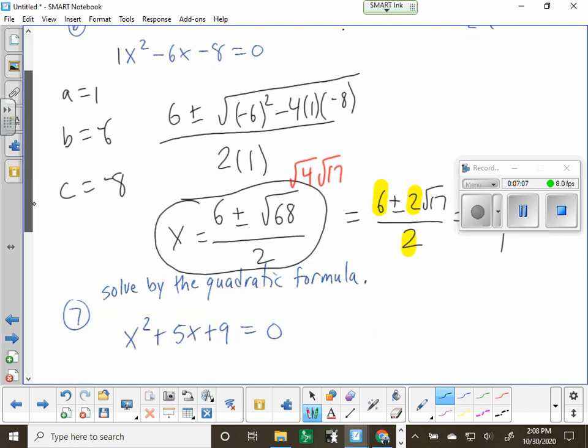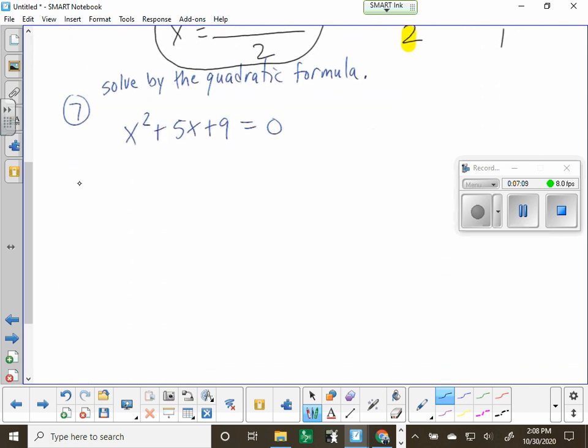Okay, quadratic formula again on this one. This one has an i in it, so that's why I put it on there. So A is 1, the number in front's 1. B is equal to 5. C is equal to 9. So here we go. X equals negative B. Oh, I don't want to write negative B. I want to write what B is.